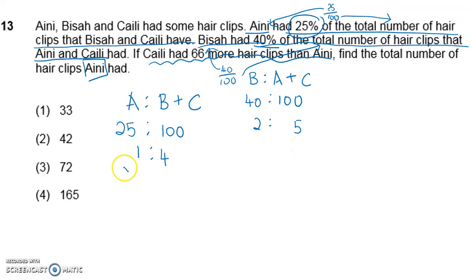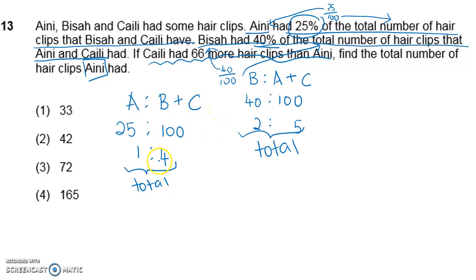What I know is that this part here will be equals to this part. Follow? Because the total, this is the total, right? So the total for this ratio, A is to B plus C, the total here, will actually be the same as the total for B is to A plus C, because it's still A, B, and C. Get it?